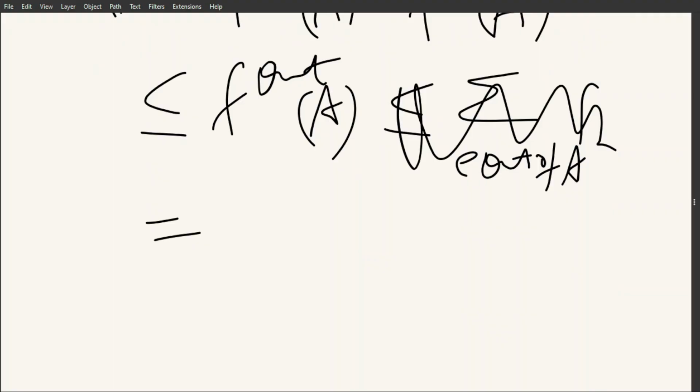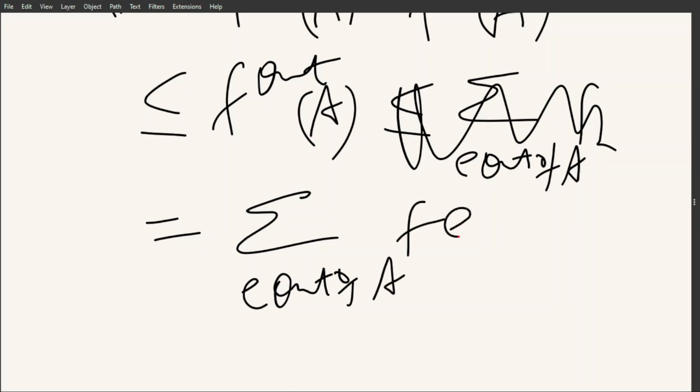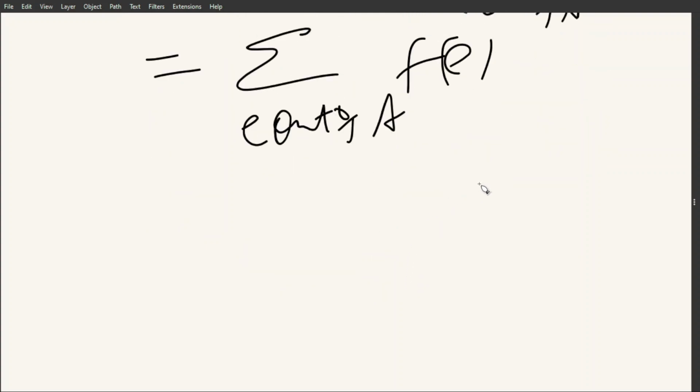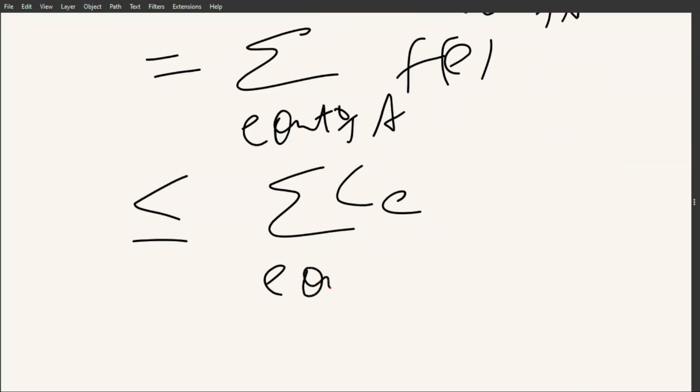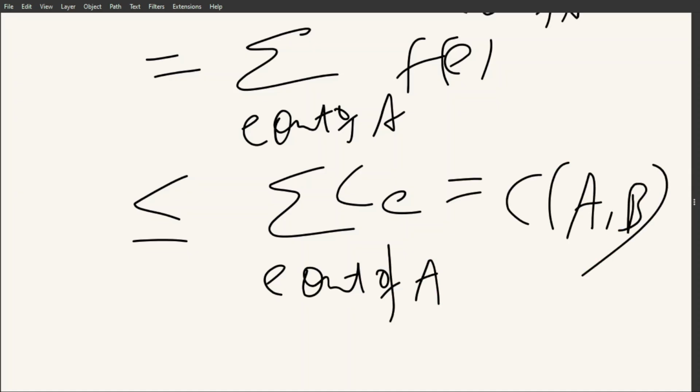So this is actually just writing the expression: flow out of A is the sum over E out of A of Fe. Now here we apply the capacity condition. So Fe is upper bounded by the capacity because it is a flow. So upper bounded by Ce, E out of A. And this is the definition of the capacity of the cut AB.